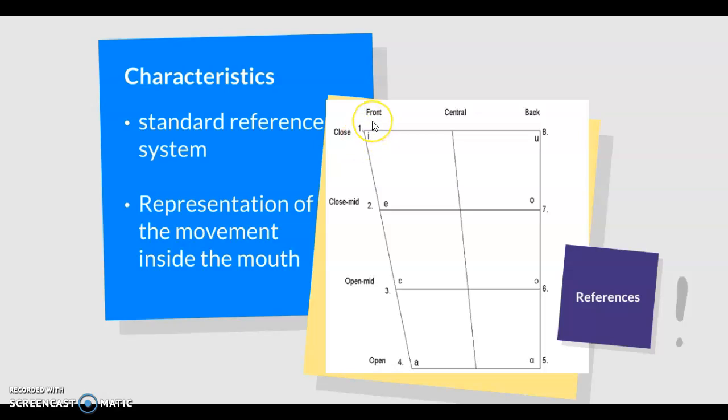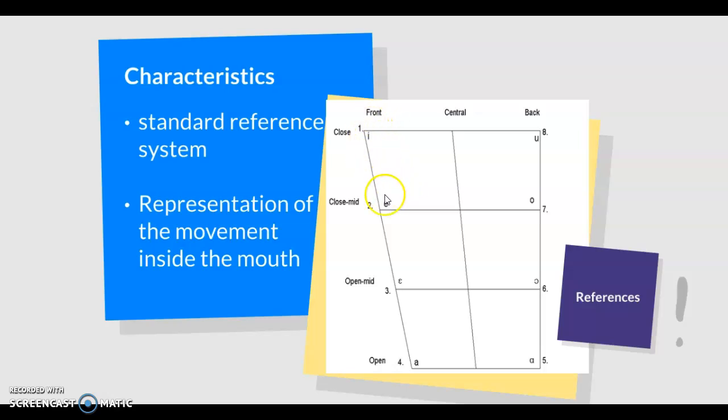For example, this E that you have here is a close and front reference, and there is no way in which you can produce this sound with any obstruction of the airflow. So if you think about close and front, any sound that is near to this one will be a close front vowel, and the air goes out freely, as in every vowel.